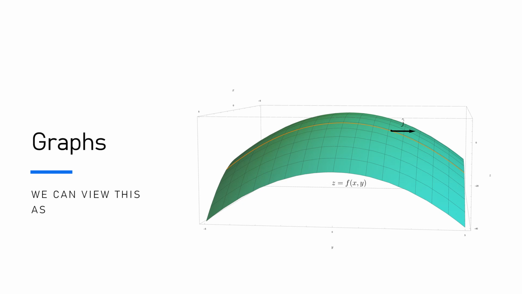So f sub y is just saying, if I'm standing at any point on that orange curve, when I take the partial derivative with respect to y, I'm asking what's happening when I go in the j direction. We can see at this particular point, if I were to walk in the j direction, the orange curve goes down, so the function is decreasing in that direction. This is another way to view partial derivatives, only with vectors now.